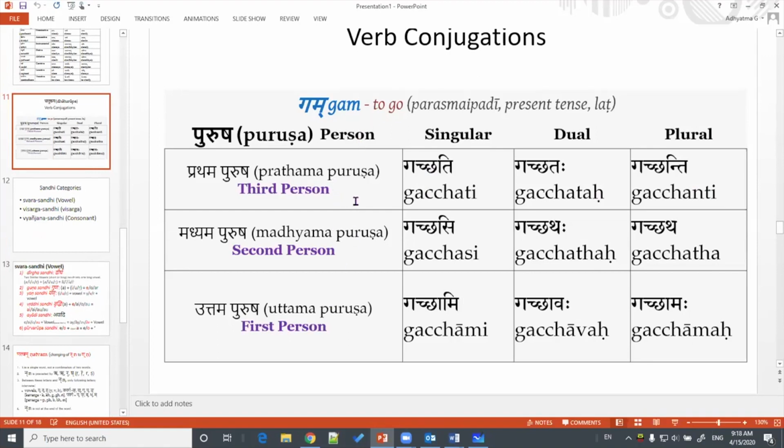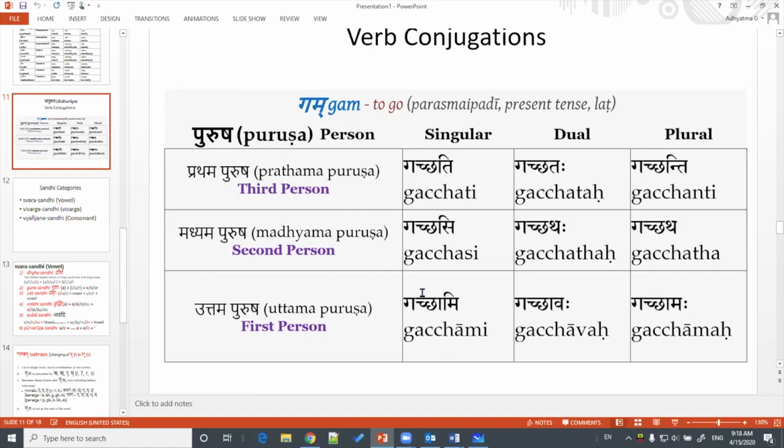There are 3 persons in Sanskrit, just like in any other language. The way it is written in Sanskrit, you first write third person, second person, and first person. And then there are 3 numbers: most languages have 2 numbers, but Sanskrit has 3: singular, dual, plural. So first person would always be I.